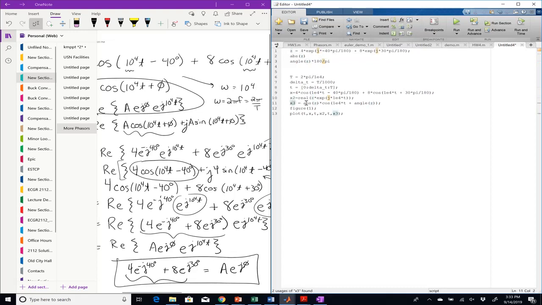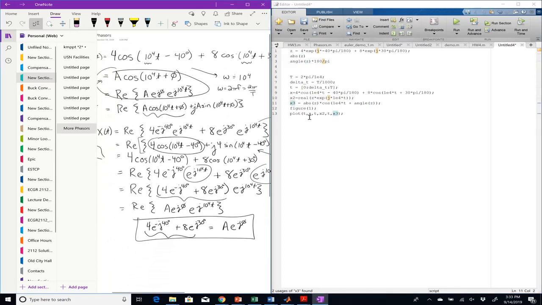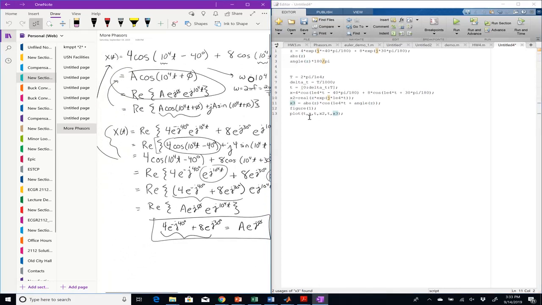Then I have this x3, right? In x3, so basically what I'm doing, just to be clear, right? On line number 10 here, essentially I am running this thing that I just circled here, right? This guy. And then on line 11, x3, I'm basically doing this guy right here, okay?